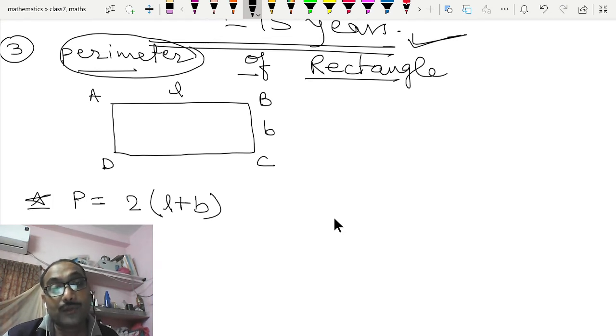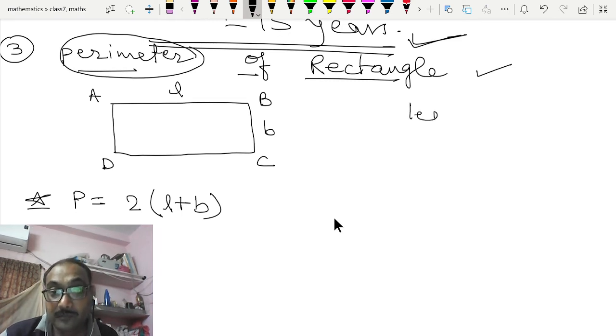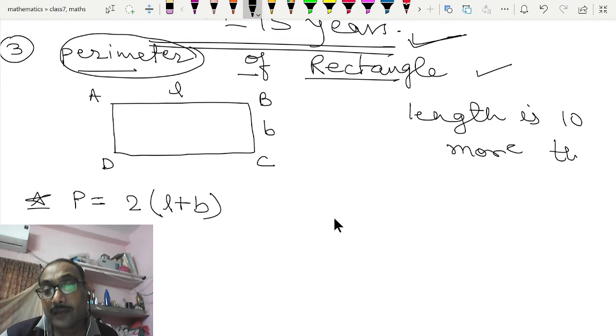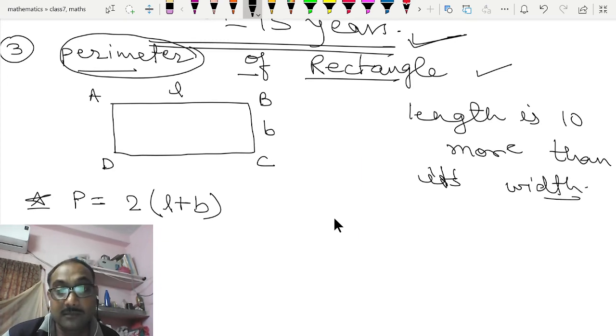Now what do you require to find perimeter of rectangle? Where length is 10 more than its width. Clear?